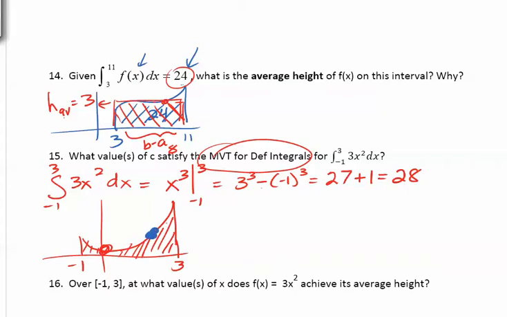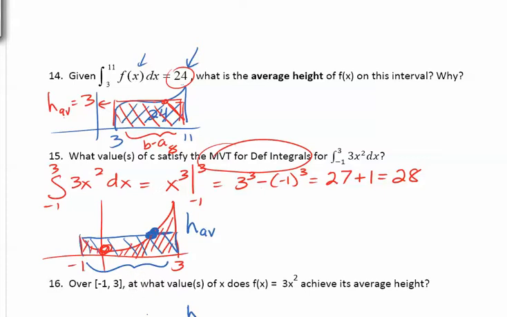You could find some place where you could shave off some of that upper value and fill in to get a rectangle that has the same area. And I think that's a little high where I picked that point, but you've got the idea that our average height, our h sub av, is simply going to take the width of the interval here.